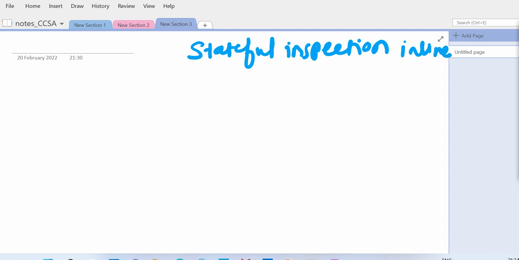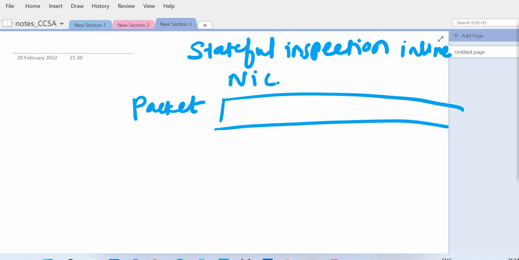When a packet enters from your NIC, the packet usually has these parameters: your source IP, destination IP, source port, destination port, and protocol.